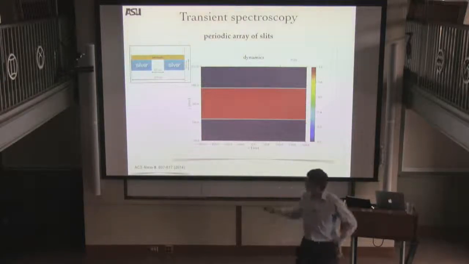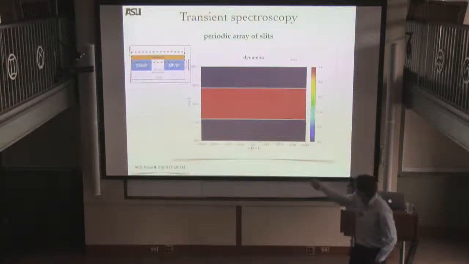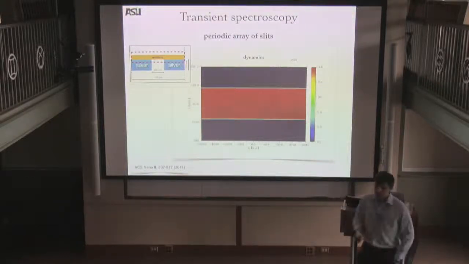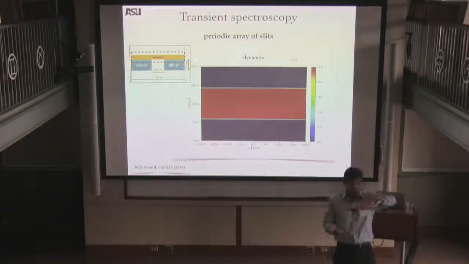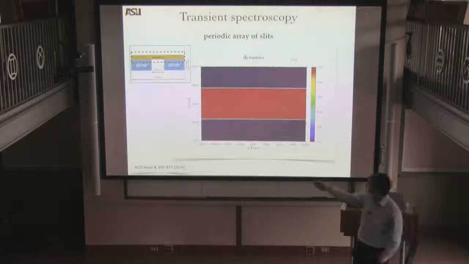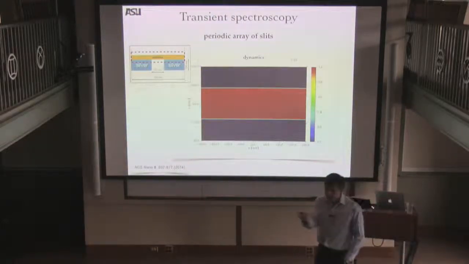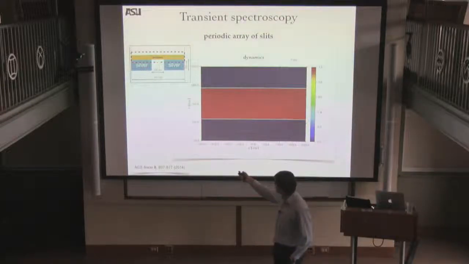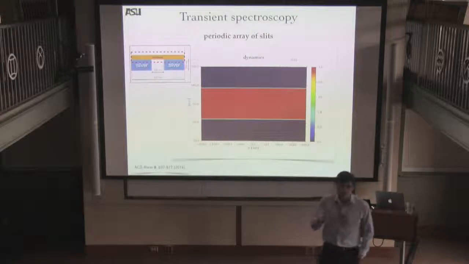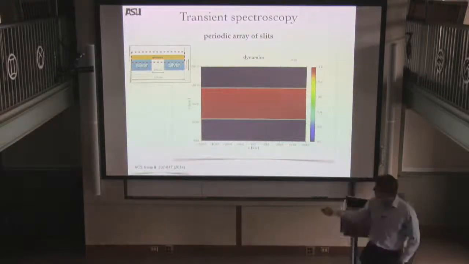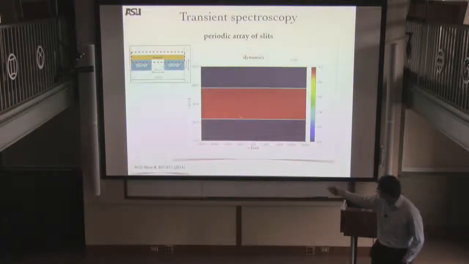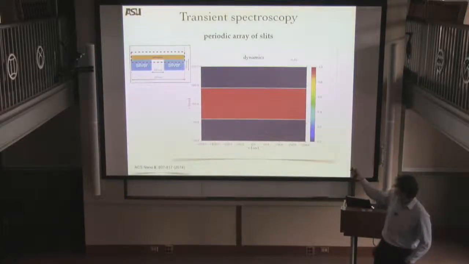My radiation comes from the top, comes through this layer, and excites my emitters, and of course, due to the lightning rod effect, you have a really strong enhancement of the field near the sharp corners. So the emitters that first undergo Rabi cycling will be those really close to the sharp corners right here. And this is the time in femtoseconds.